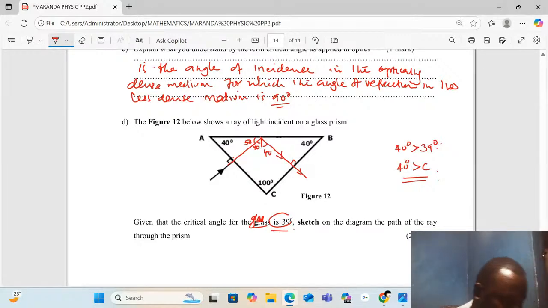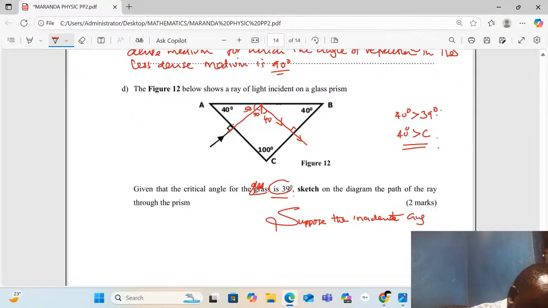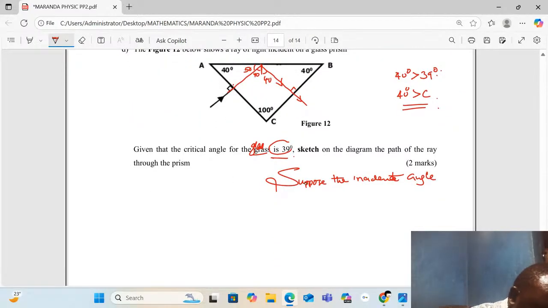But now, suppose the incident angle along AB is 37 degrees. In this case, we expect refraction to occur.